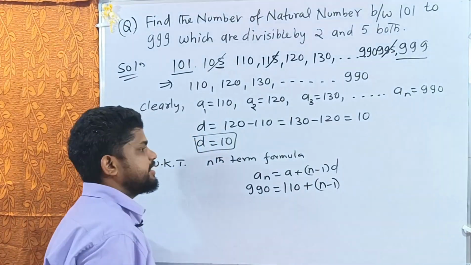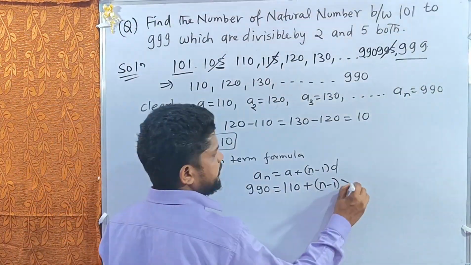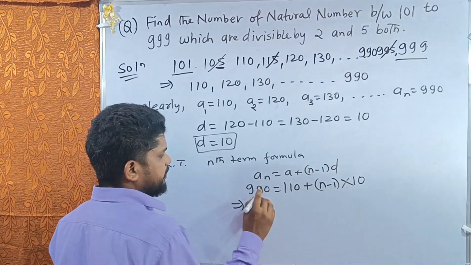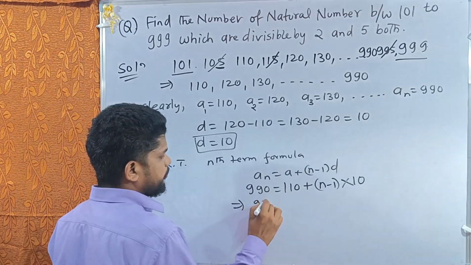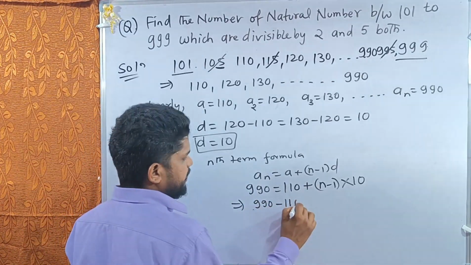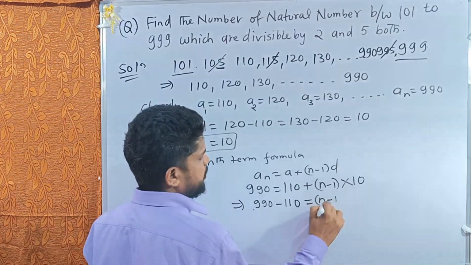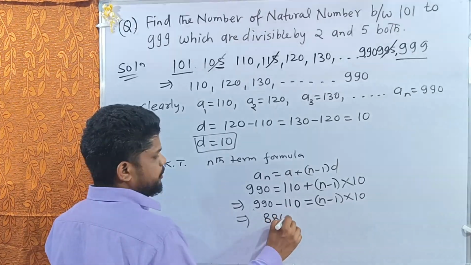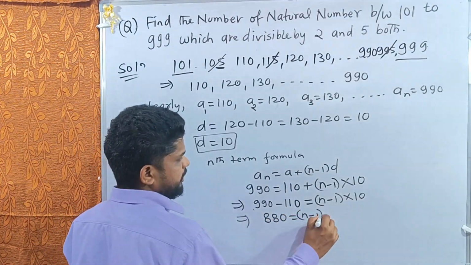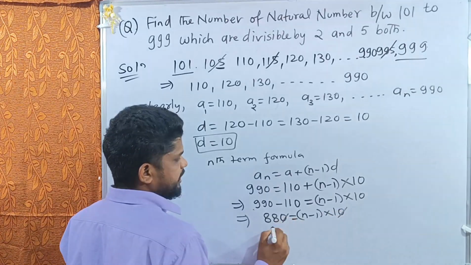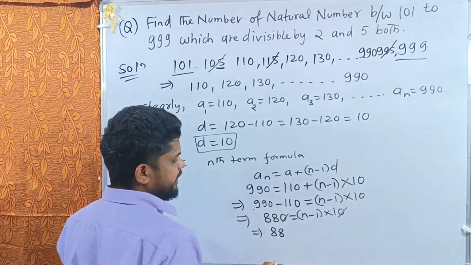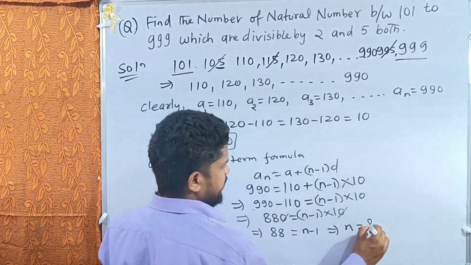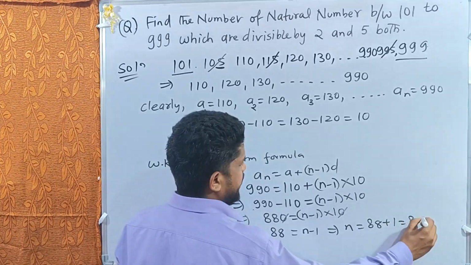The value of the common difference is 10 here. So 990 minus 110 is equal to (n minus 1) times 10. This gives 880 is equal to (n minus 1) times 10. The 0 will get cancelled out. This gives 88 is equal to n minus 1. So the value of n is 88 plus 1, which is 89.